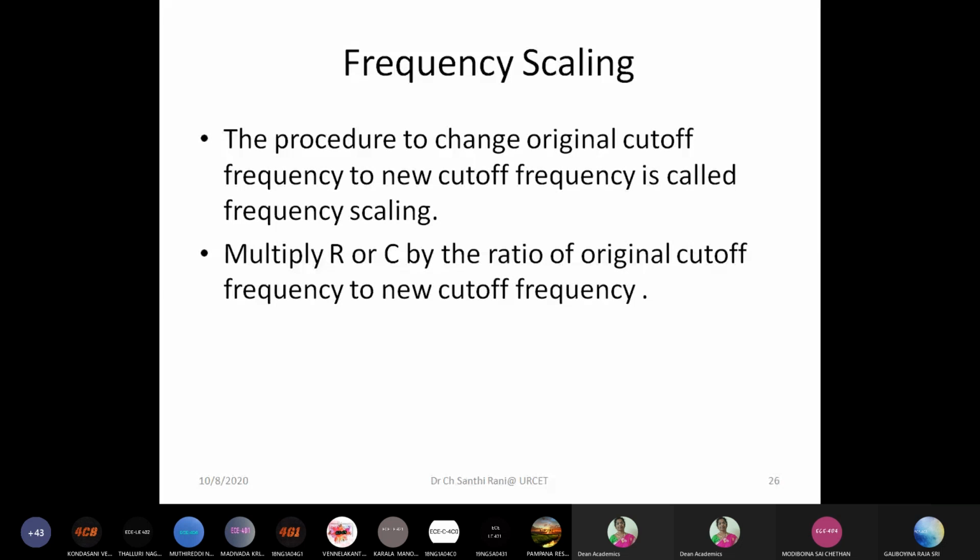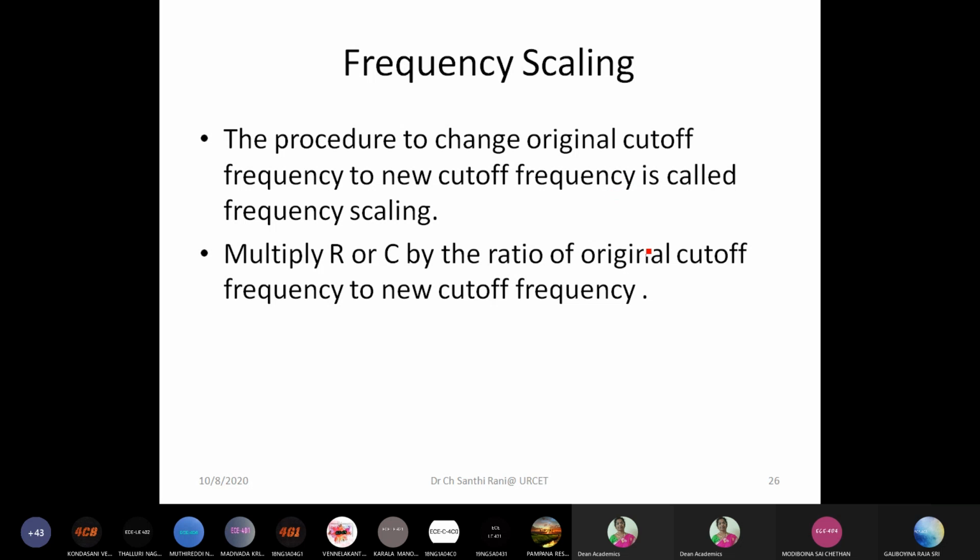You have designed your filter to have some high cutoff frequency, and after that you want to modify the high cutoff frequency of your filter. The procedure to change the original cutoff frequency to a new cutoff frequency is called frequency scaling, right?